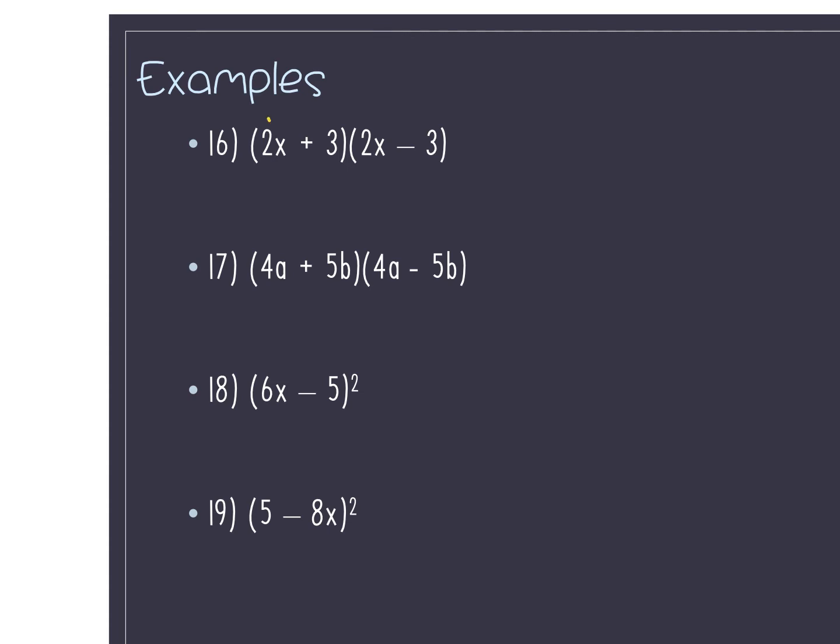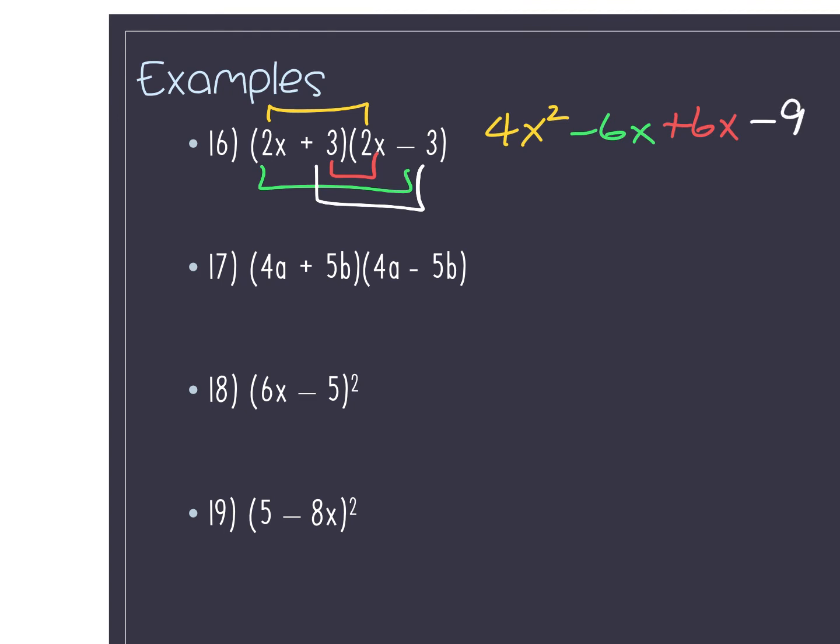Again, I'm doing first 4x squared, outer negative 6x, inside positive 6x, and then finally last negative 9. Notice when you have 2 binomials and one's a plus sign, and one's a subtraction, the outer and the inner cancel, and now I'm left with the difference.